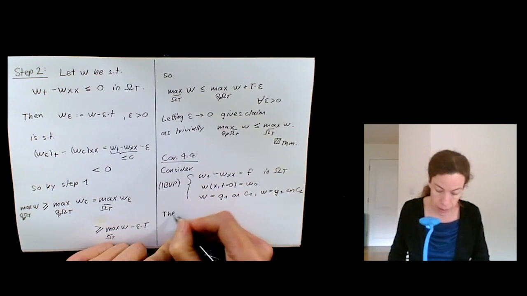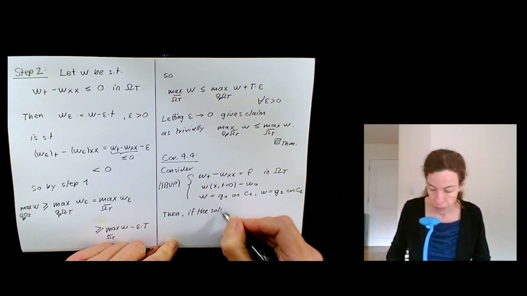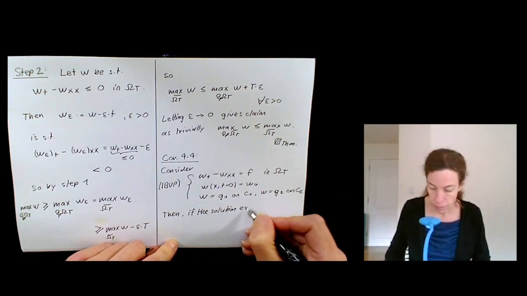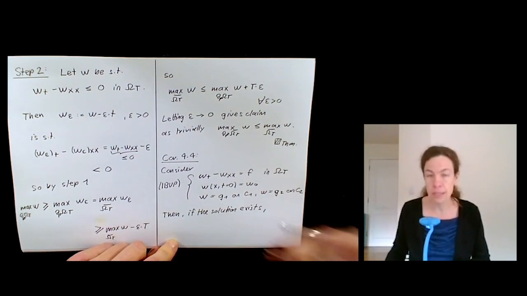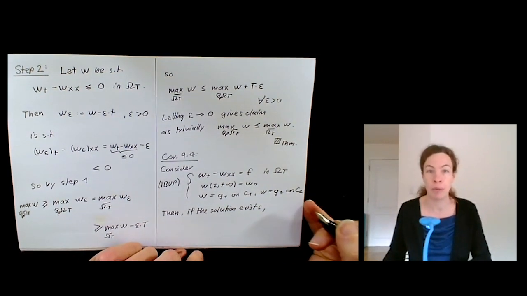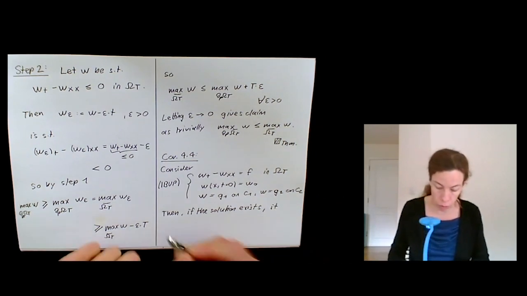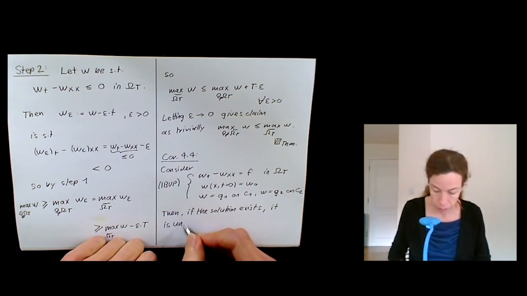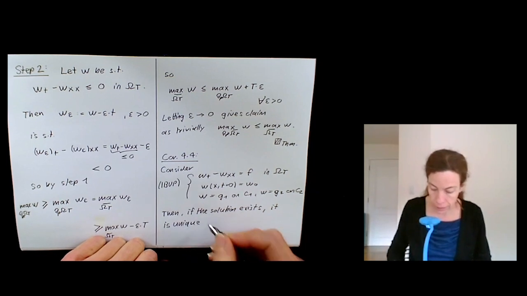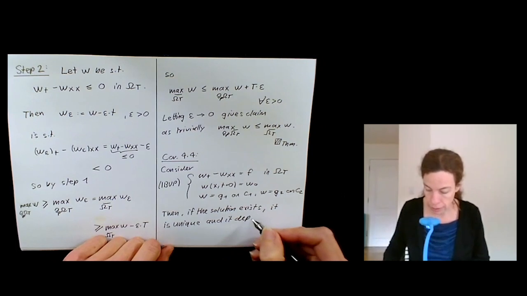Then what we can say is if the solution exists, and yes, the solution exists, but I'm not going to be able to prove this, so I'm not going to write it in the corollary. But if we assume that the solution exists, we also know that it is unique. And it depends continuously on the data.